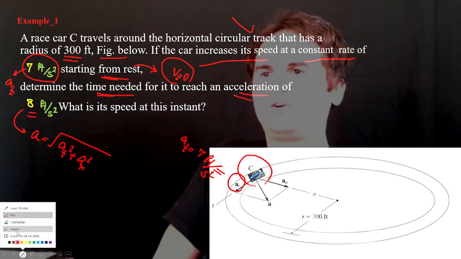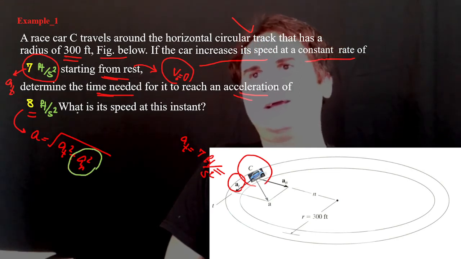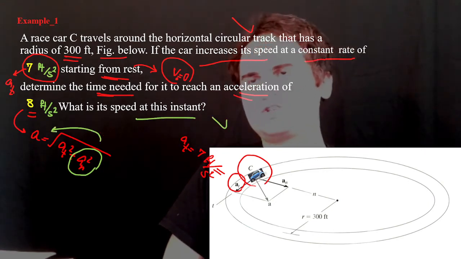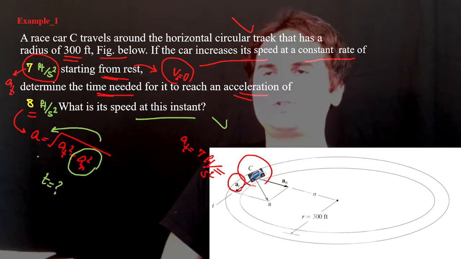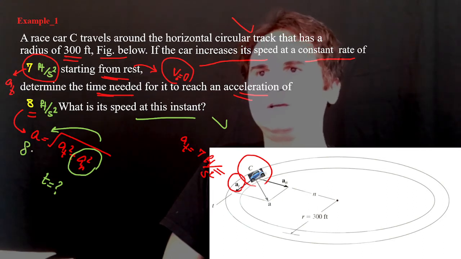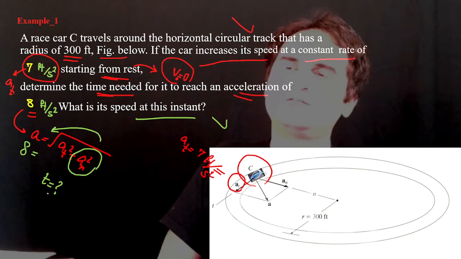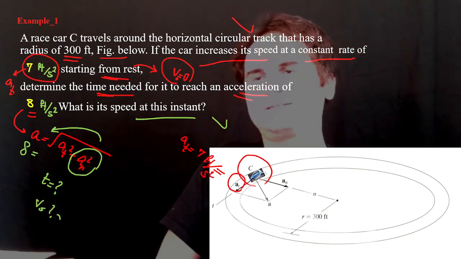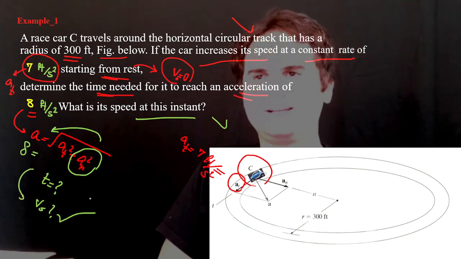So before starting the problem, we already know we are looking for an, and also what its speed is at this instant. How long does it take to reach that acceleration? So what is the t? And as soon as you know t to reach a total of 8 feet per second squared, we need to know the speed. If you replace that in the equation of speed or velocity, you can easily get that.